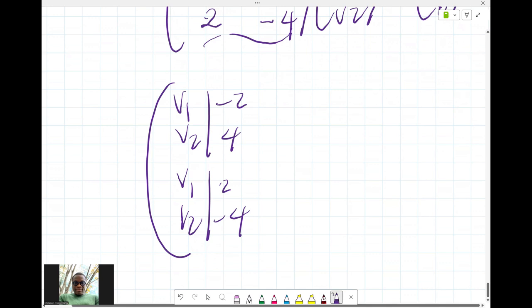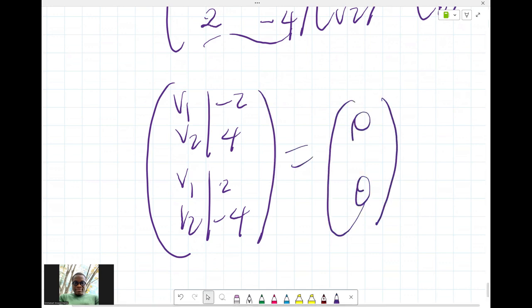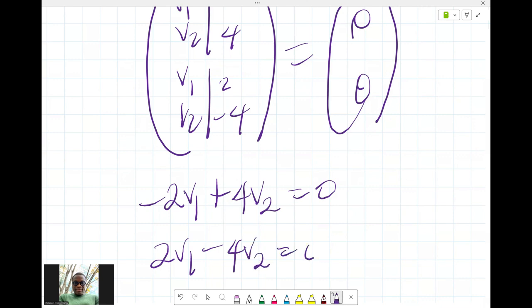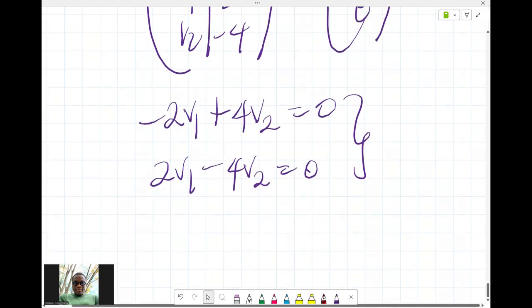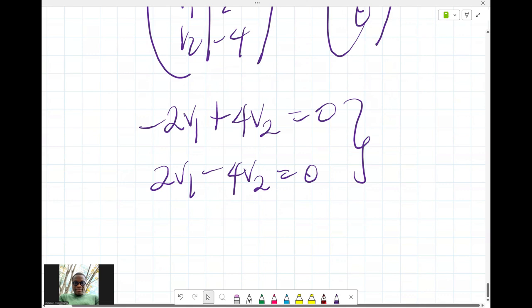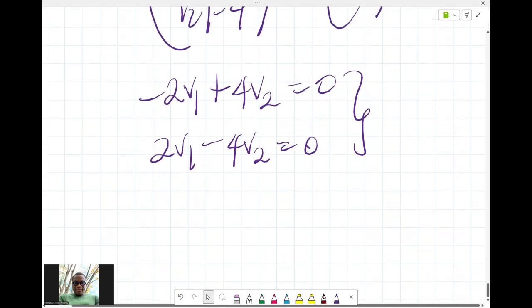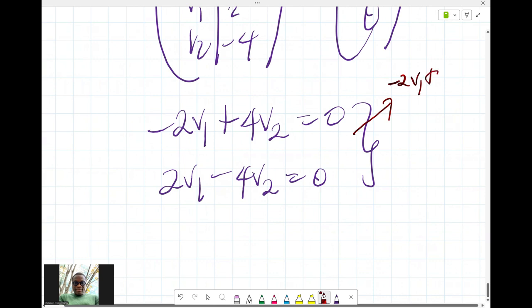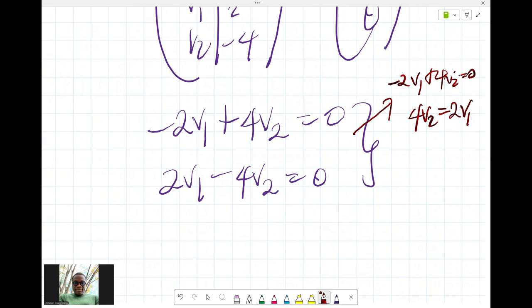So that's minus 2v1 plus 4v2 equals 0, or 2v1 minus 4v2 equals 0. Whichever one you pick, the relationships are basically the same. If you pick the first one, you have minus 2v1 plus 4v2 equals 0, so 4v2 equals 2v1, and that means v2 is equal to 1 over 2 v1, basically.